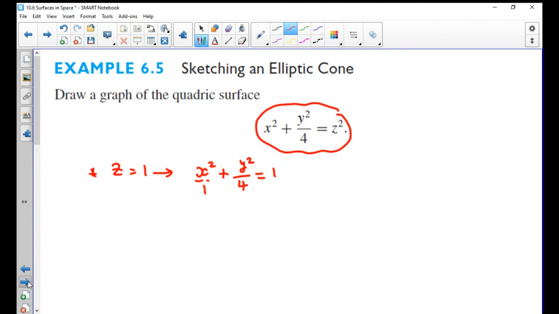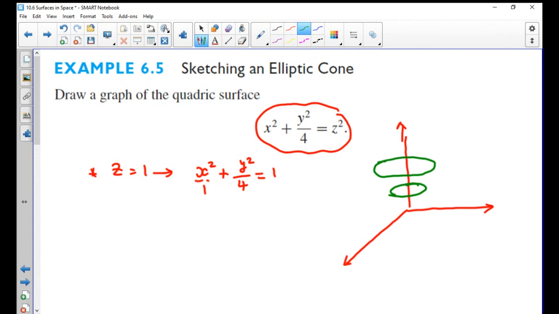So basically, this time, each z will give us an ellipse, not a circle like we had before. When z is 1, I will get an ellipse like this. Here, I will get another ellipse with a bigger y, when z is 4, the y will be bigger, and so on.